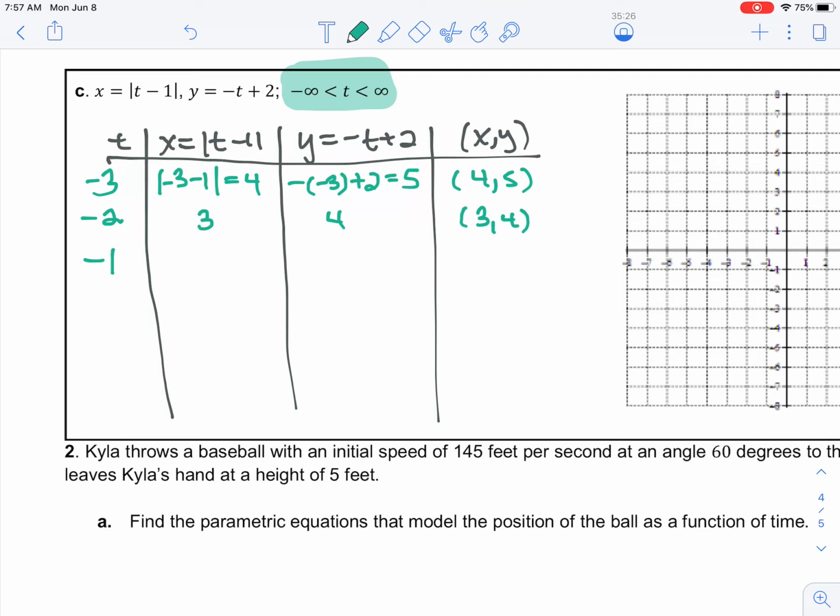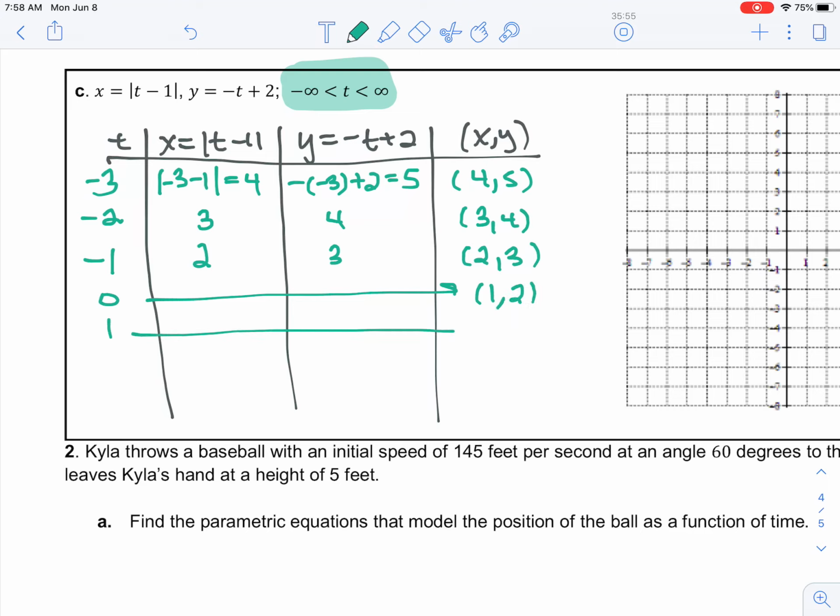Okay, so next let's go ahead and grab negative 2. Plugging in negative 2 will give us a positive 3 as well as a positive 4. So we have the point 3, 4. Plugging in negative 1 will give us, let's see, negative 1 minus 1 is negative 2, but the absolute value of that is positive 2. And then we have negative 1 plus 2 would be 3. So we have the point 2, 3. Plugging in 0, we'll see that our point is 1, 2.